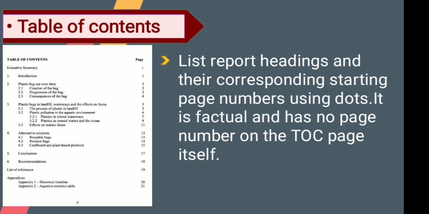Conventionally, dots or leaders are used to connect the heading to the page number for readability. Like the title page, the TOC page itself does not usually have a visible page number. It is a factual section designed for easy navigation and quick reference to specific sections of interest within the larger document.